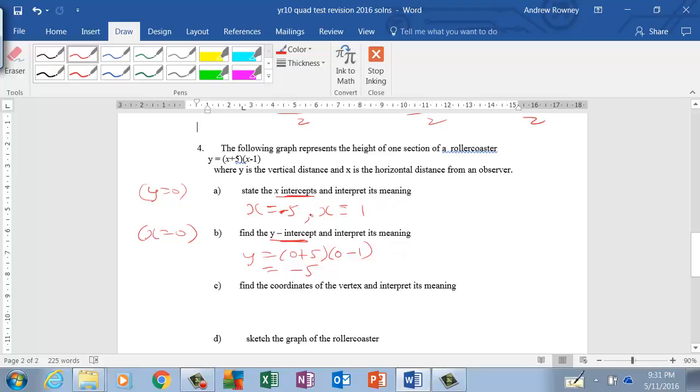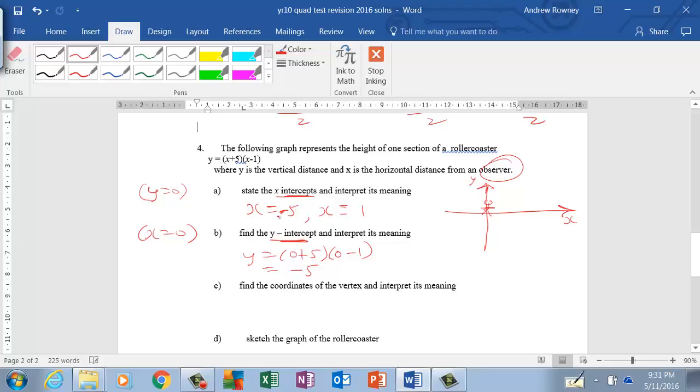Notice it says in the question that y is the vertical distance and x is the horizontal distance from an observer. So if we've got an observer standing there watching the roller coaster at the origin, that's the origin, there's the x-axis and there's the y-axis.